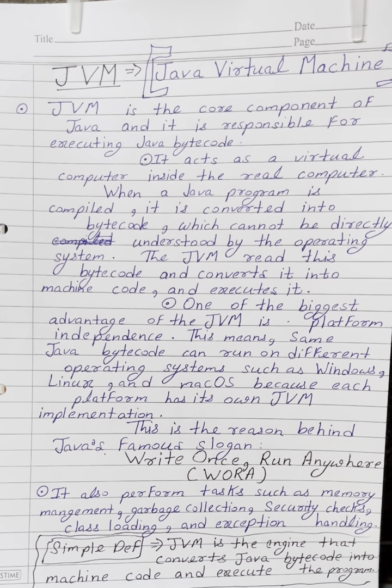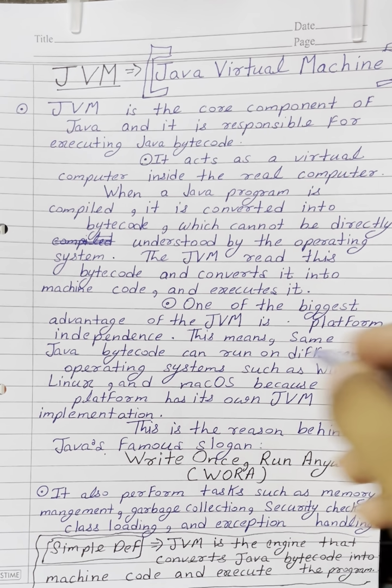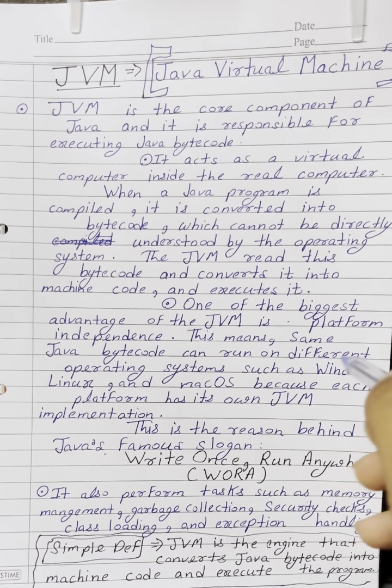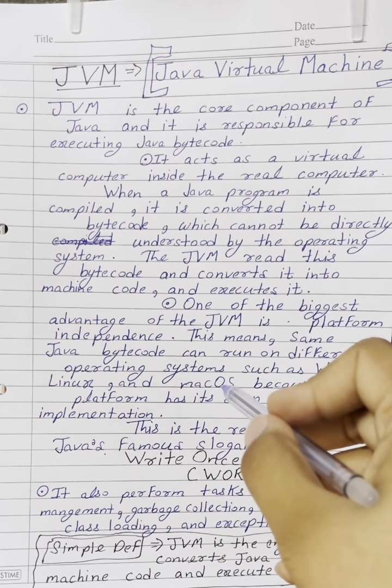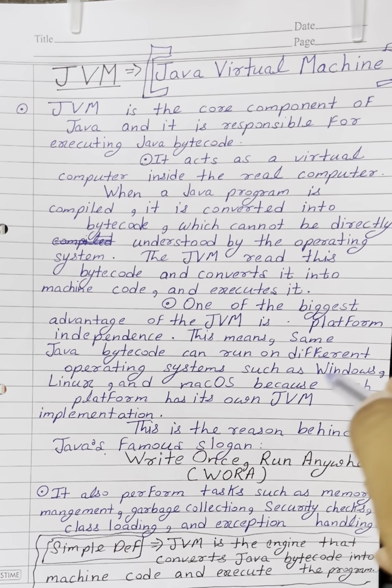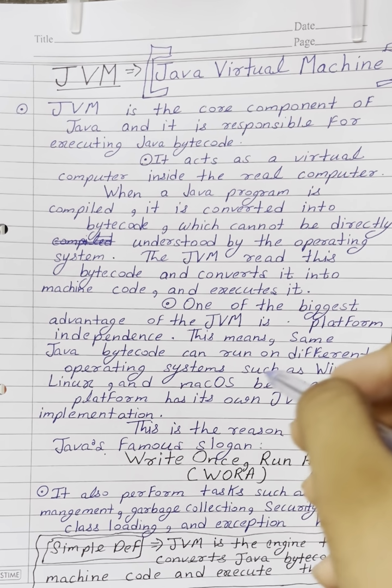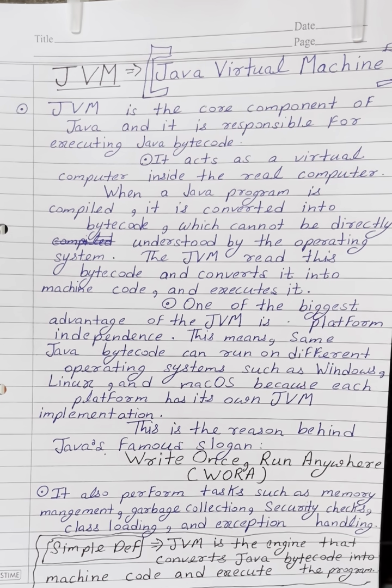If we talk about one of its biggest advantages, that is platform independence. That means the same Java bytecode can run on different operating systems such as Windows, Linux, and Mac OS, because each platform has its own JVM implementation.